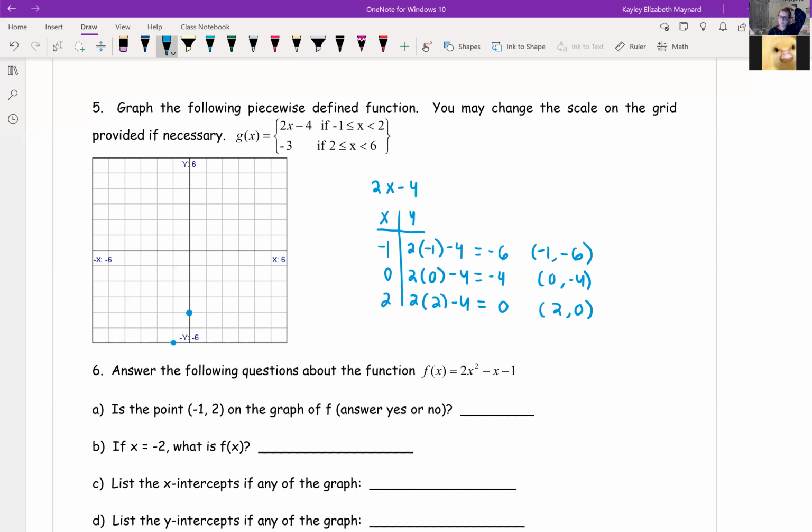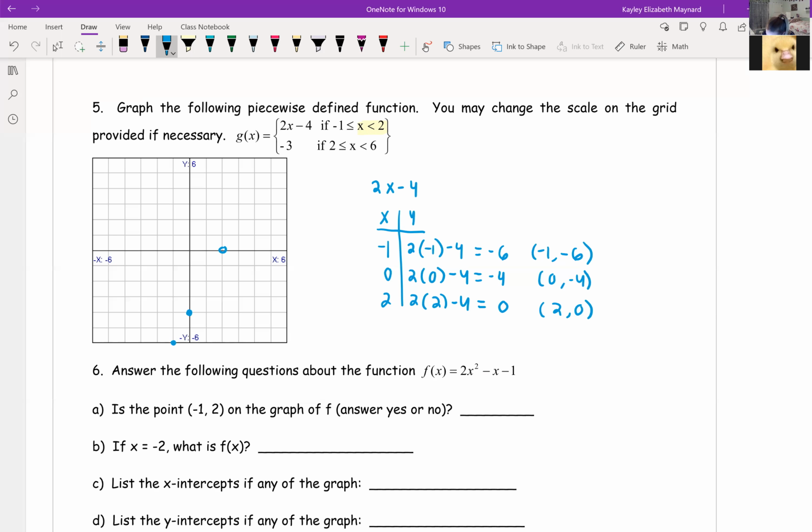Then this is where it becomes important, because my next coordinate was 2, 0. But remember I said on my interval up here, it's only defined where x is less than 2, not where x is equal to 2. So it's important that when we graph the point 2, 0, we do an open circle there. So at that one, I'll have an open circle.